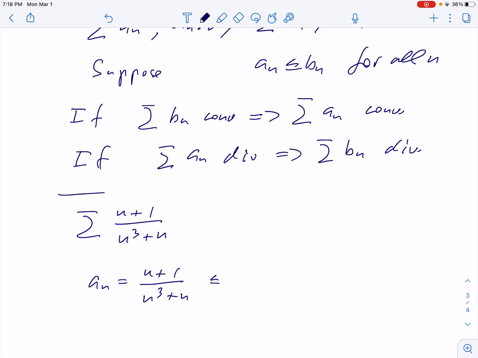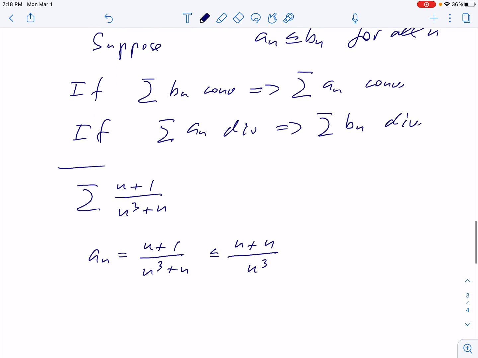So first I can increase the numerator. Instead of 1 I can put n, like that. And below I can decrease the denominator, which makes things larger, so just keeping n cubed here. So if you increase the numerator, you get something bigger.